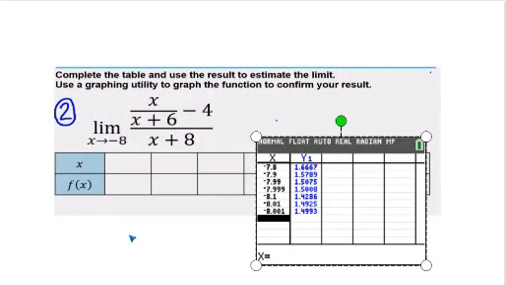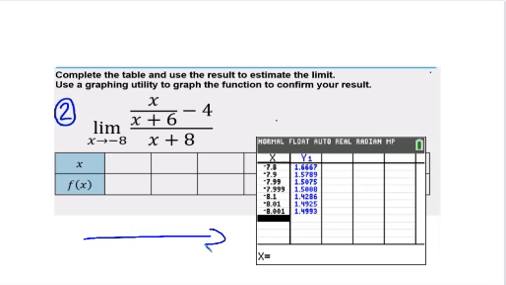All right, finishing this problem up, I just copied and pasted my values from the graphing calculator in. So those are my values, and I approached -8 from the left and the right.